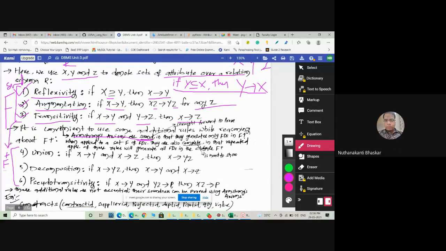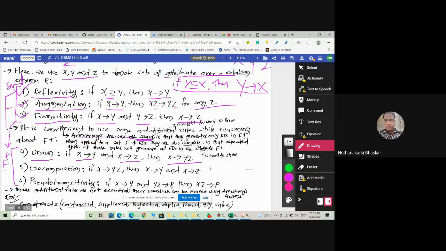Now the first one in this F plus is union. Union, you know very well, has the same meaning here also. If X determines Y and X determines Z, if you identify this type of functional dependencies in your relation, then you can apply the union operator: X determines YZ.